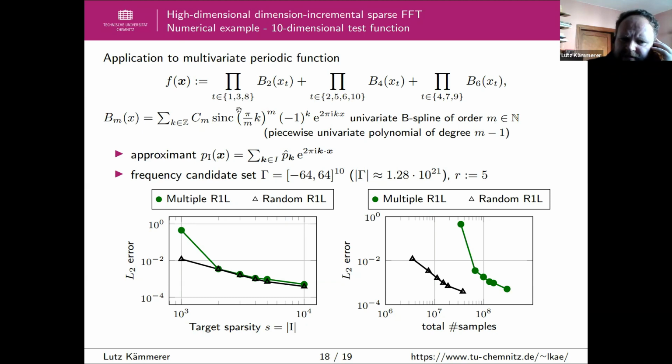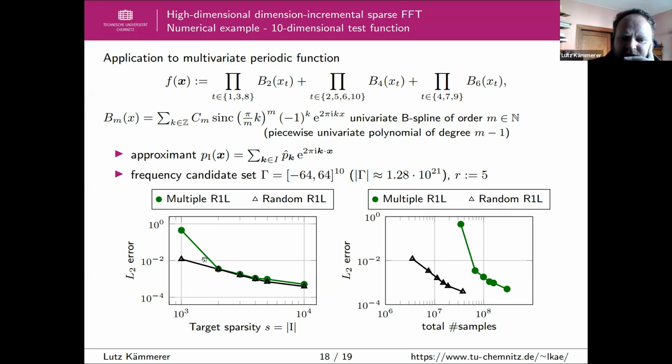It should be some 3-dimensional hyperbolic cross, depending on the 1st, 3rd, and 8th dimension. Some 4-dimensional hyperbolic cross, which is possibly smaller due to the higher order of smoothness, and here the same 3-dimensional hyperbolic cross, and the union of all of these should be the frequency index set which comes out of this process. And indeed, that's what comes out of this process.